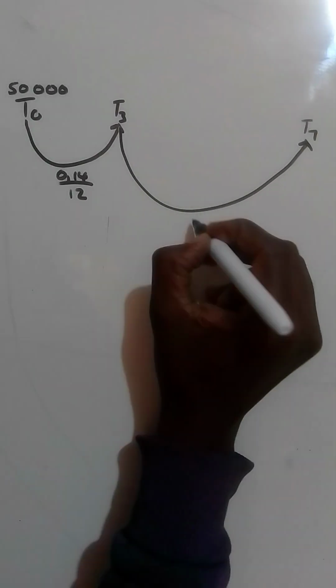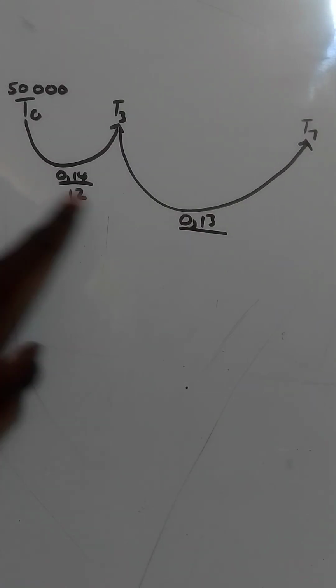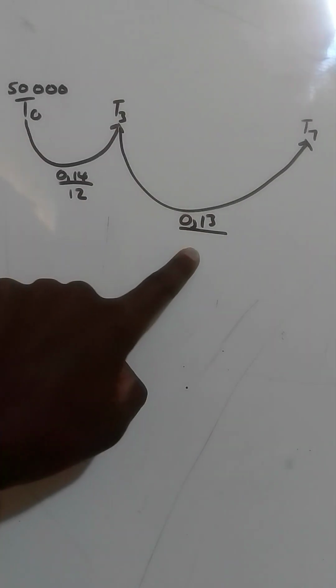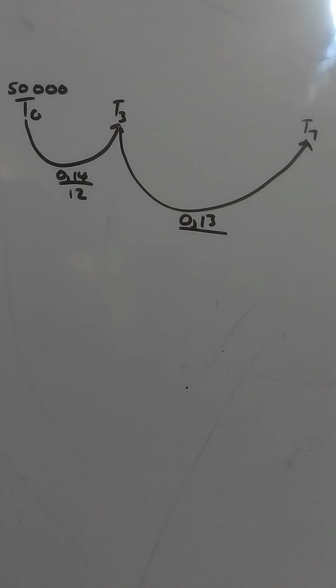It changed to 0.13. The 13% translates to 0.13. But it was no longer compounding on a monthly basis. It now compounded after every 6 months. That's what they mean when they tell us that it was compounding half yearly.